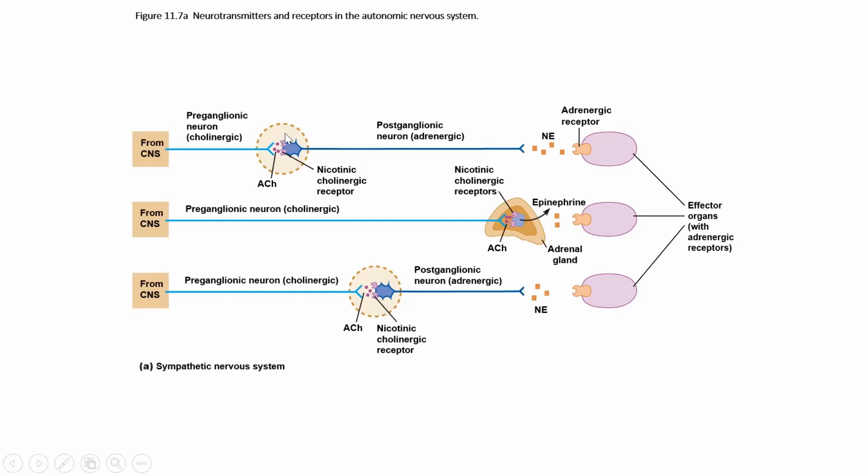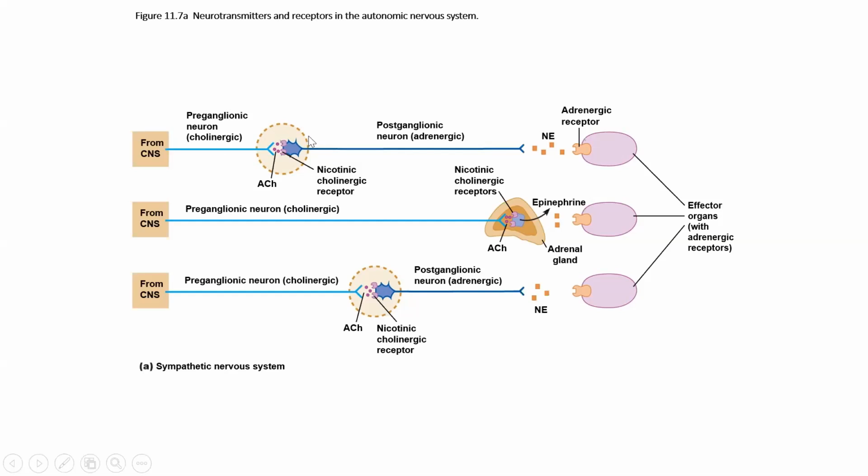The second neuron has receptors on it for this acetylcholine. So this is going to have nicotinic cholinergic receptors. I'll go on to describe the difference between our two types of cholinergic receptors, but the nicotinic cholinergic receptors are fast receptors. We described the difference between fast and slow receptors in our previous unit.